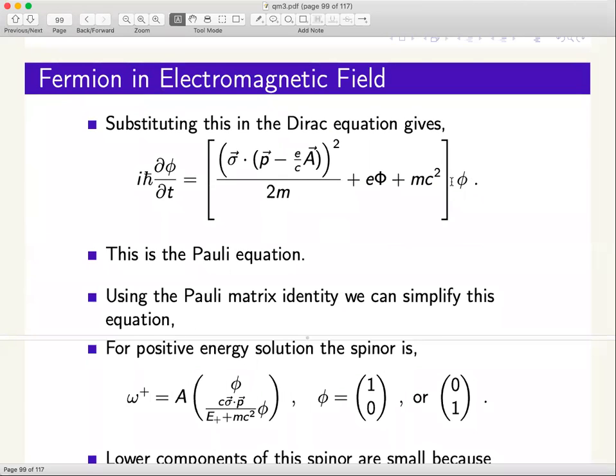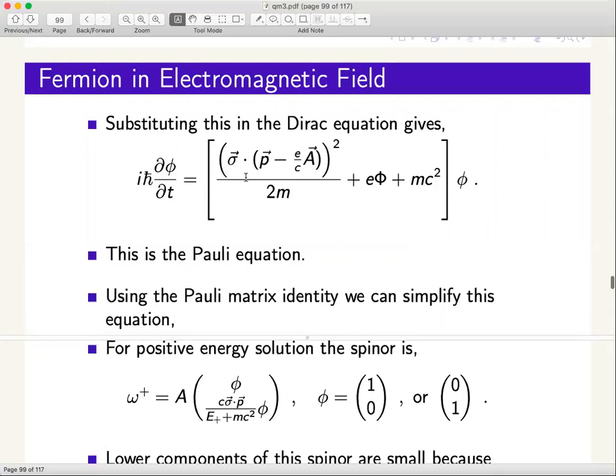Phi is a 2-component spinor, which could take entries like 1 0 or 0 1, and there are Pauli matrices sitting around here, which says that this solution would have some kind of spin property. Now we know that Pauli matrices satisfy certain properties. We will use those properties to simplify this expression.